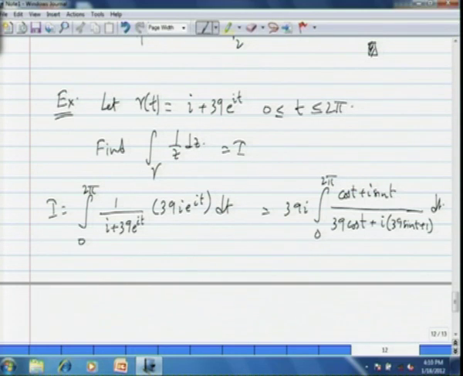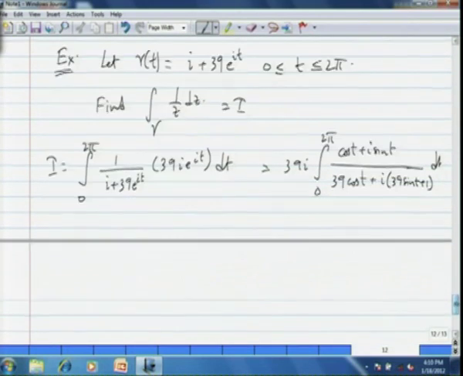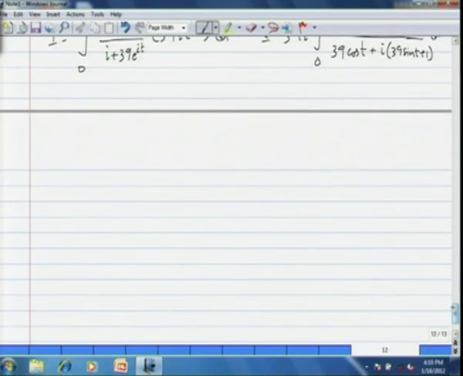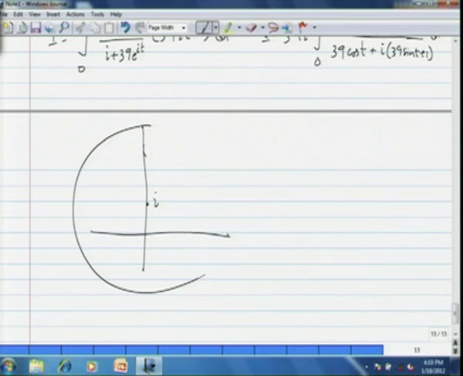So, it looks rather daunting, but if you use the deformation theorem or the Cauchy's theorem, the version we just proved, you can see that here is i, and you take a very large circle centered at i, and the interior contains the point 0.